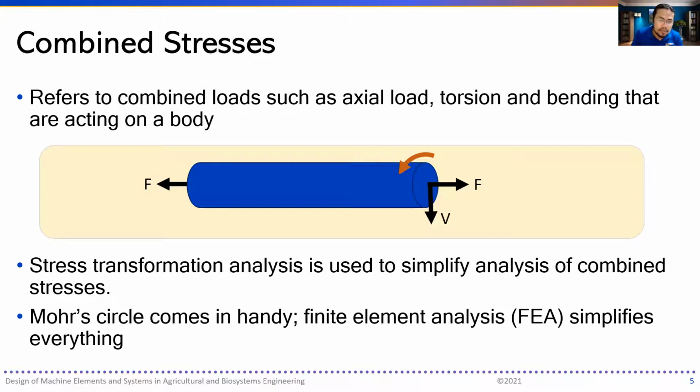Stress transformation is used to simplify this analysis, and the Mohr circle comes in handy to simplify the stress transformation process. In some cases, since it could be a very difficult solution to do the Mohr circle for 3D bodies, finite element analysis is an alternative option.